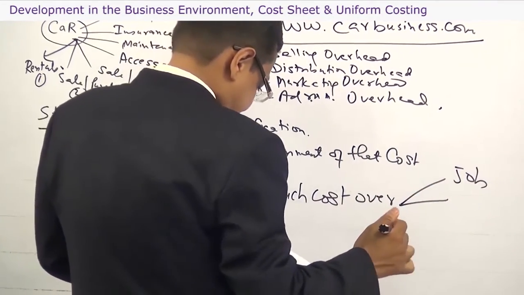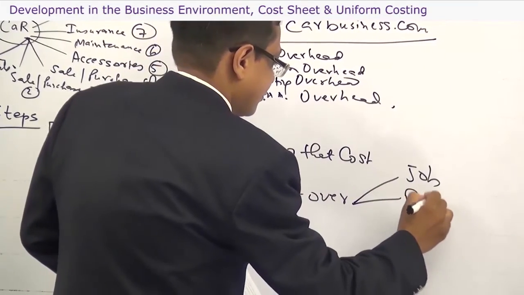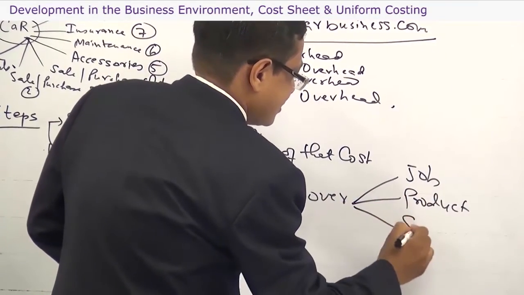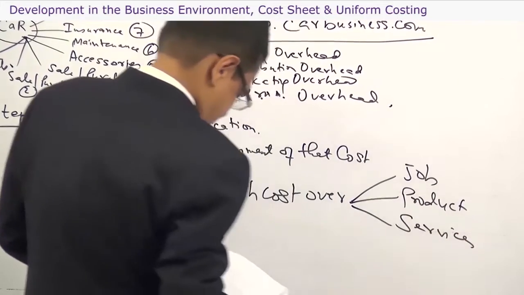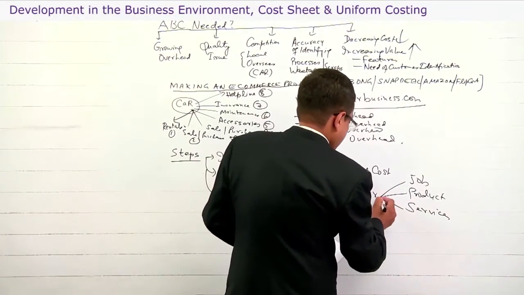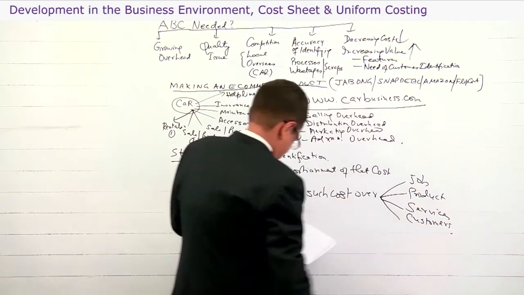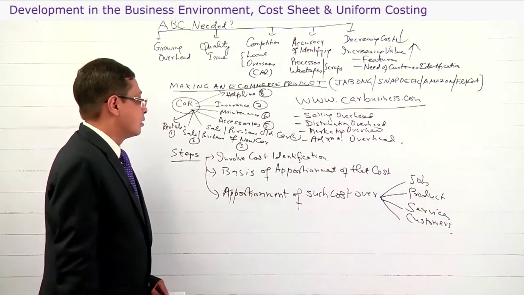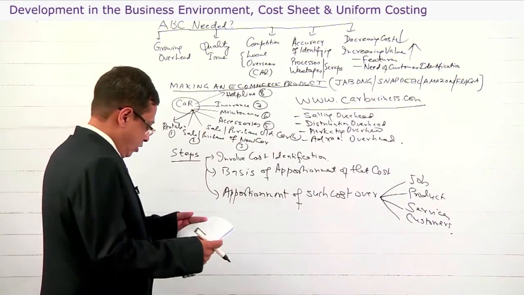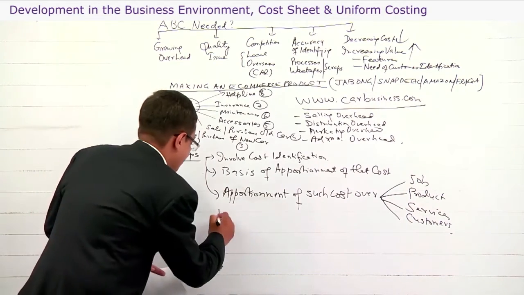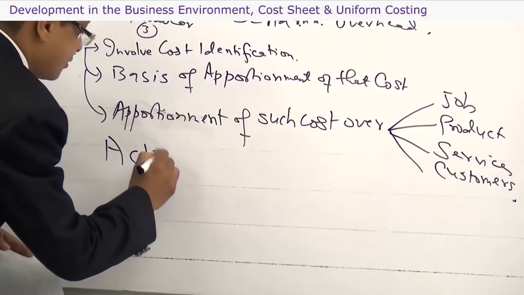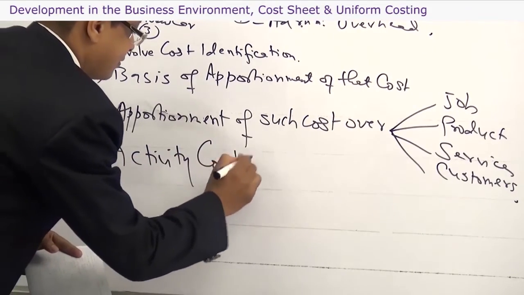It can be over a product, over services, and over customers. This means I am going to create what is called an activity cost driver.